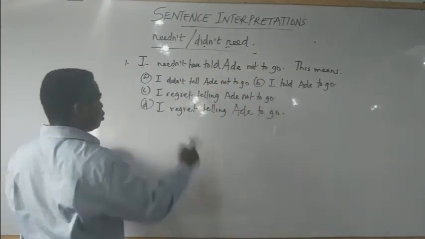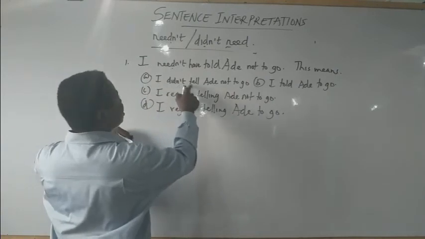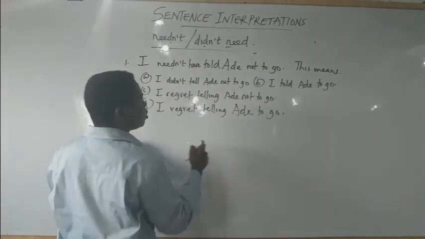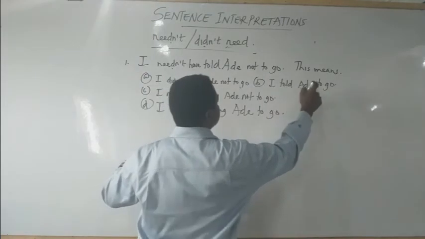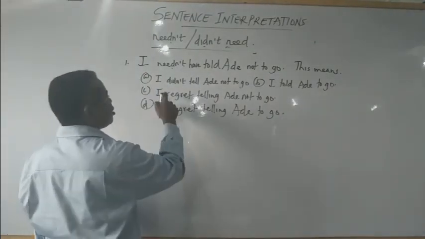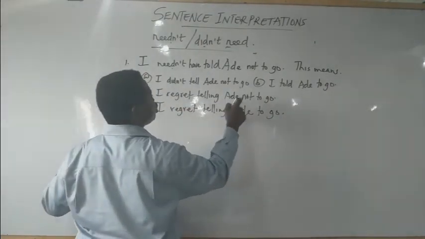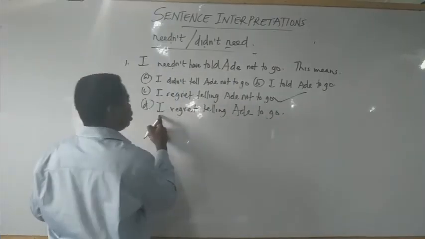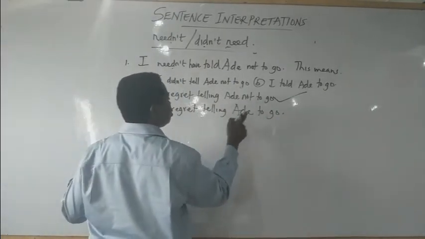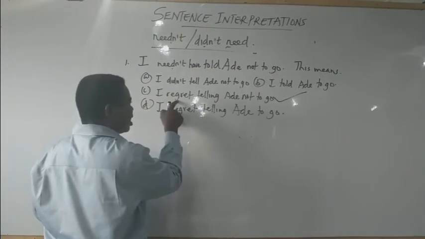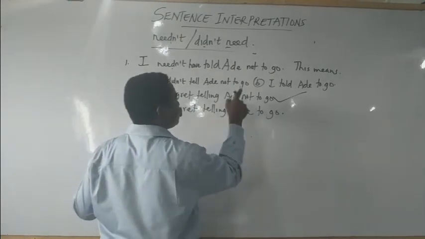That will be our answer. Option A, I did not tell Ade not to go, is wrong. B, I told Ade to go, is wrong. C, I regret telling Ade not to go, is correct. D, I regret telling Ade to go, is wrong. The answer is: I regret telling Ade not to go.